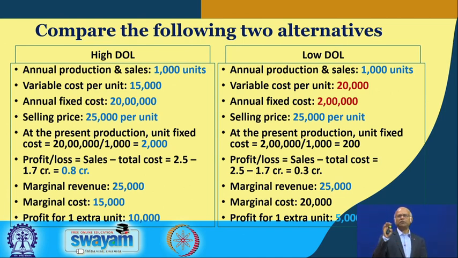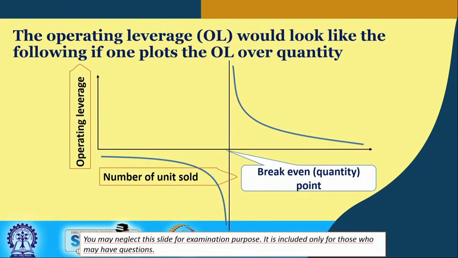In another, you have lower fixed cost and higher variable cost. At the end, look at the last line. Profit for every extra unit is 10,000 on the left, whereas profit for every extra unit is only 5,000 on the right. That shows the impact of a high degree of operating leverage and a low degree of operating leverage.